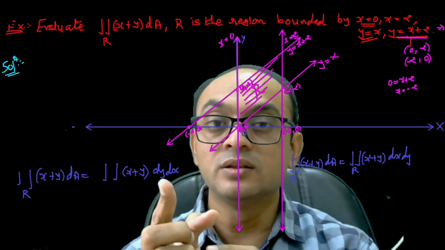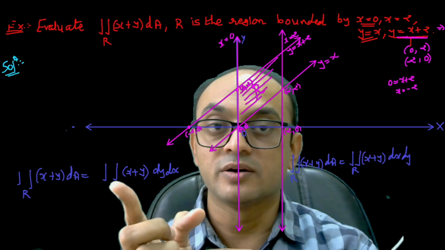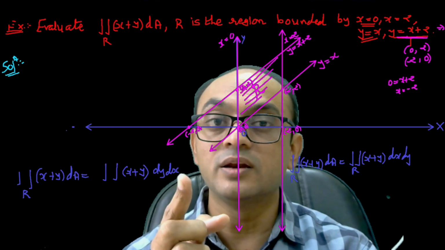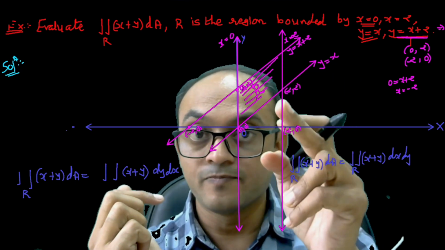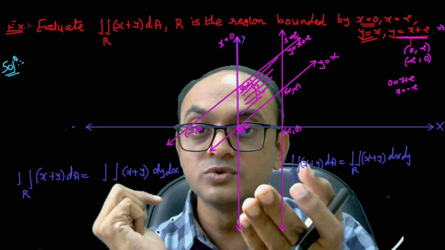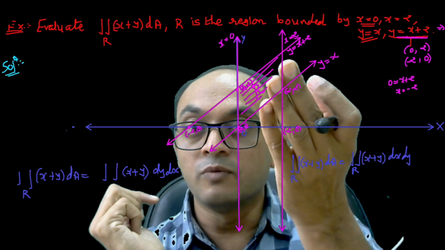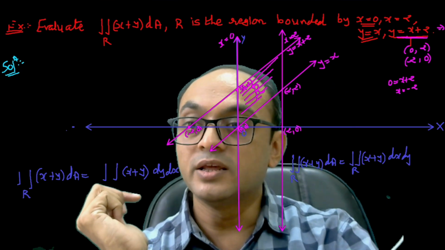How do we write the limit of y? y is the inner limit and x is the outer limit, right? So for y, we draw the vertical line, the line which moves from bottom to upward direction. So I am drawing the line here.